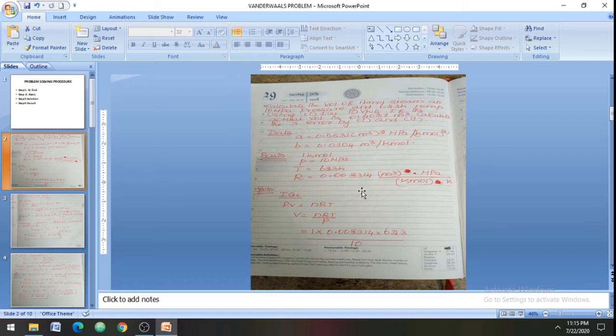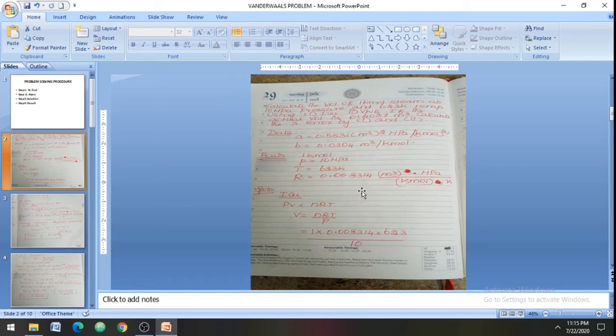Capital R depends upon the pressure, temperature and volume units. In this problem, the pressure unit is megapascal, so we want to choose capital R in terms of megapascal. In terms of megapascal, capital R is equal to 0.008314. The unit is metric cube megapascal divided by kilomole Kelvin. So this is the unit for capital R.